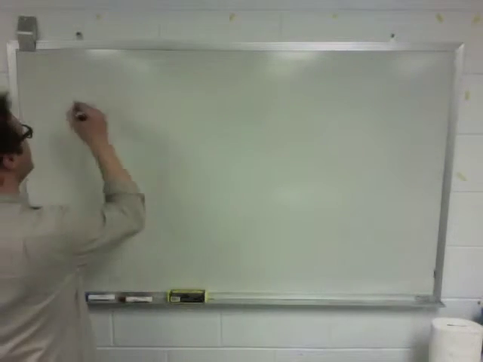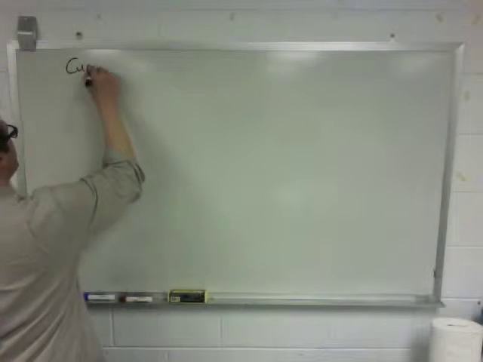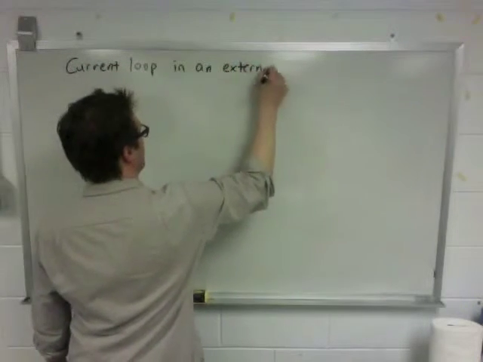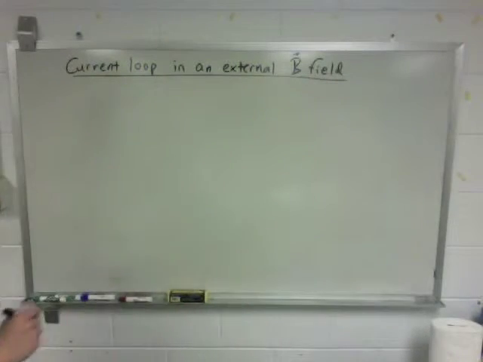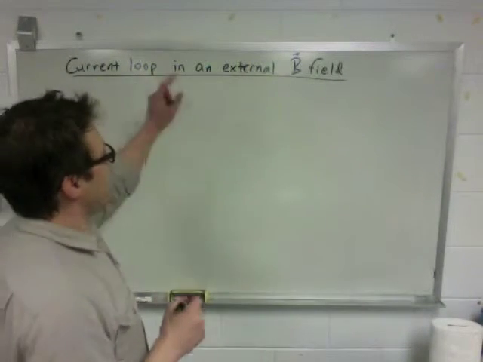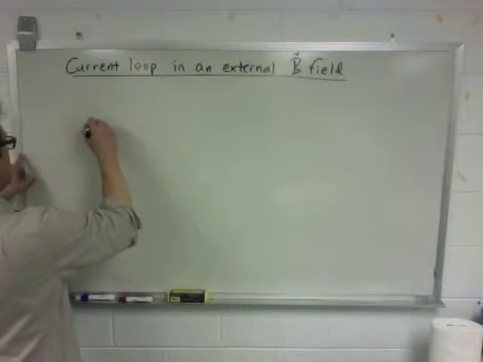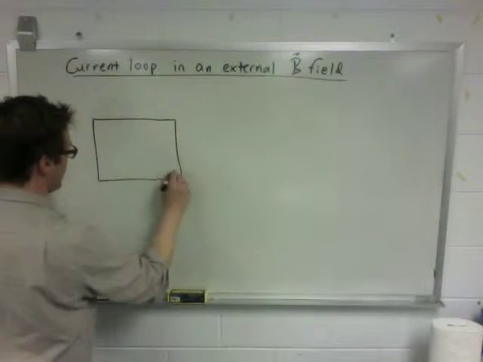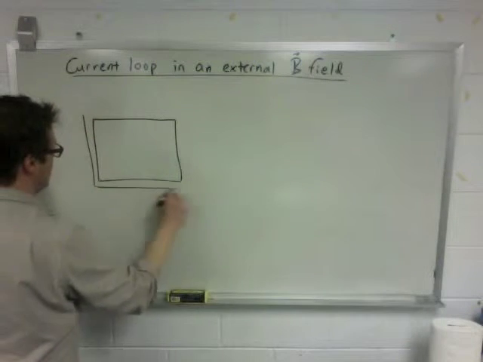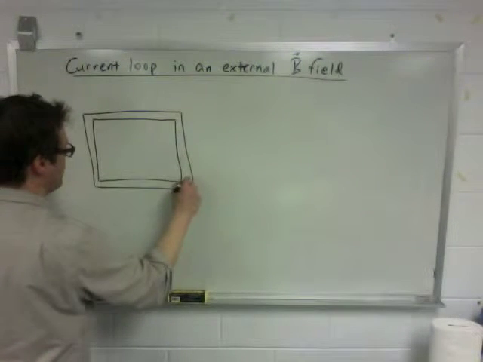A cool example involves actually a current loop. Okay? So let's imagine I put a current loop in an external magnetic field. So I'll just, for convenience, make my loop kind of rectangular like this. So these are the wires of my loop.